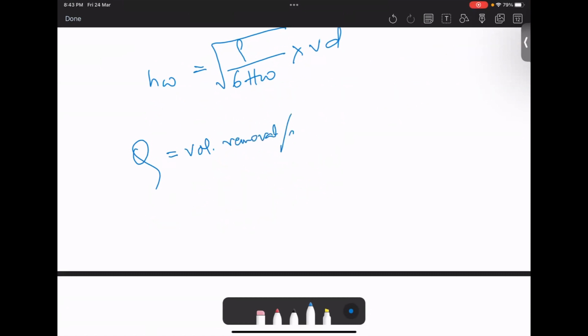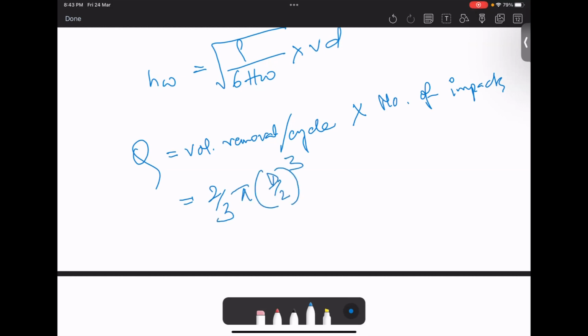After that, similar to your USM, you find the material removal rate is proportional to the volume removal per cycle multiplied by the number of impacts. That happens to be 2/3 pi r cube, assuming the indentation is hemispherical.